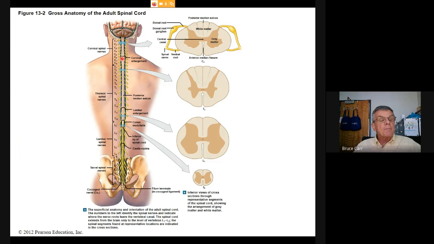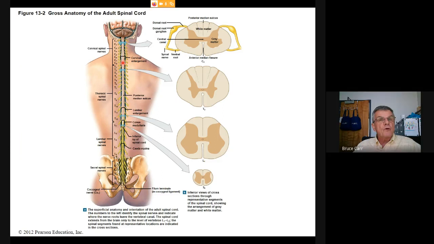Now we're going to mix it up a little. They've decided that the spinal nerves below the C7 are the C8 pair. So the C8 is below the C7, and that organization occurs from here to the bottom.